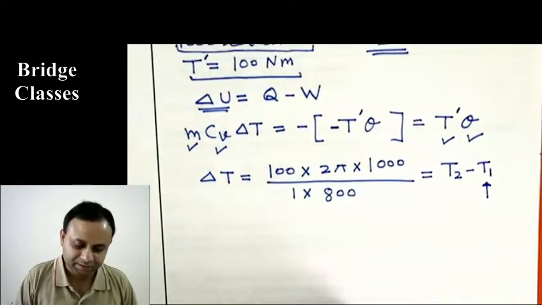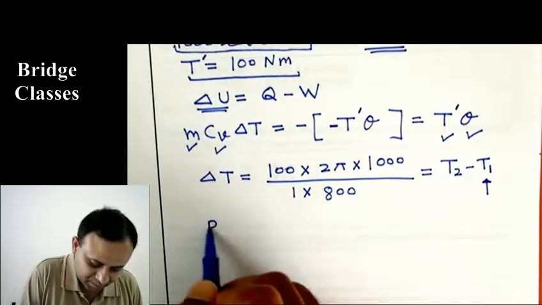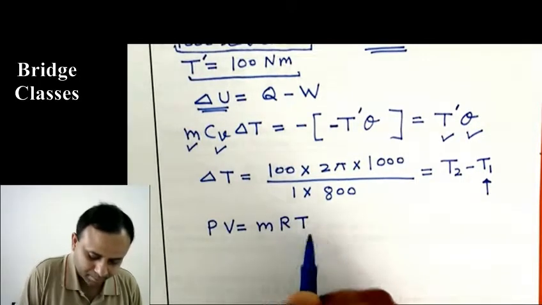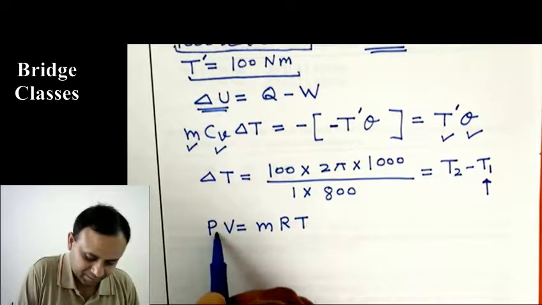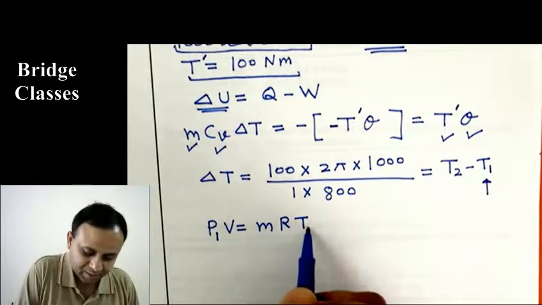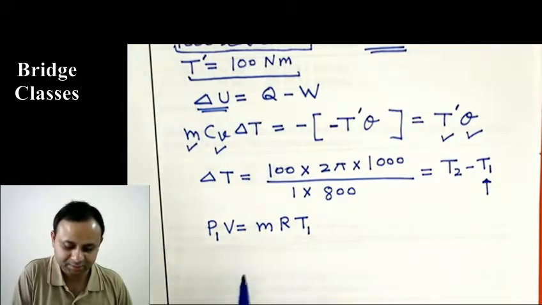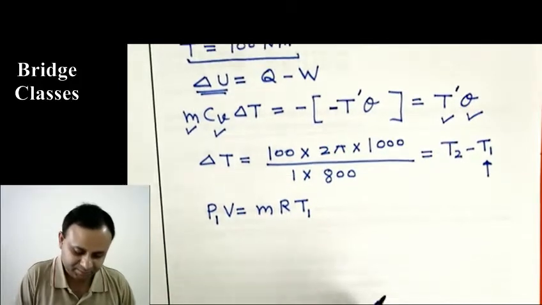So for that we can apply the ideal gas law, which will be PV equals mRT, and we are applying this at state 1. So let me write P1V is mRT1. Don't forget this mass is constant, volume is constant, so we don't have to use subscripts there.